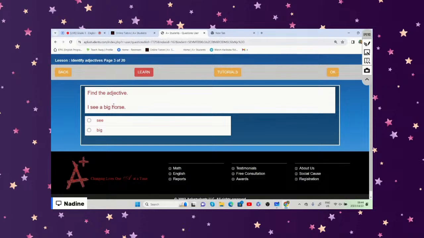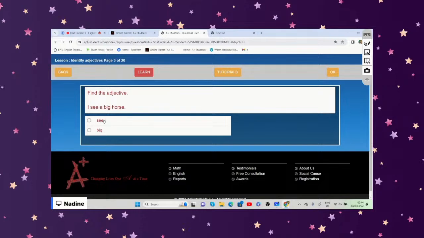I see a big horse. Is it see or big? I see a big horse. What is the adjective within that sentence?